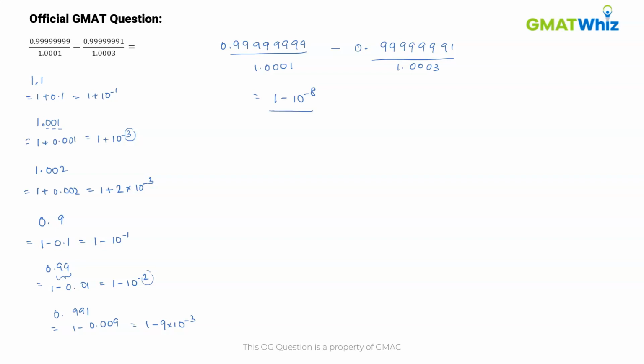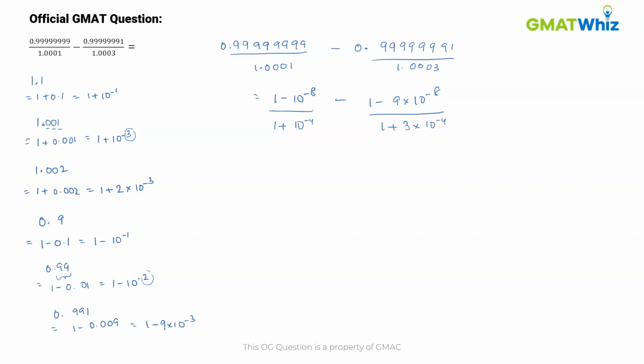And 1.0001 can be written as 1 plus 10 to the power minus 4, since there are 4 units after the decimal point. Similarly, in the second term, we can write the numerator as 1 minus 9 times 10 to the power minus 8, and the denominator can be written as 1 plus 3 times 10 to the power minus 4.